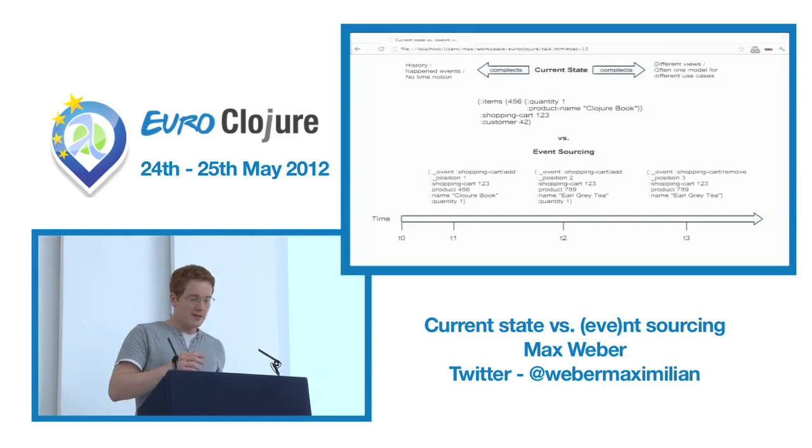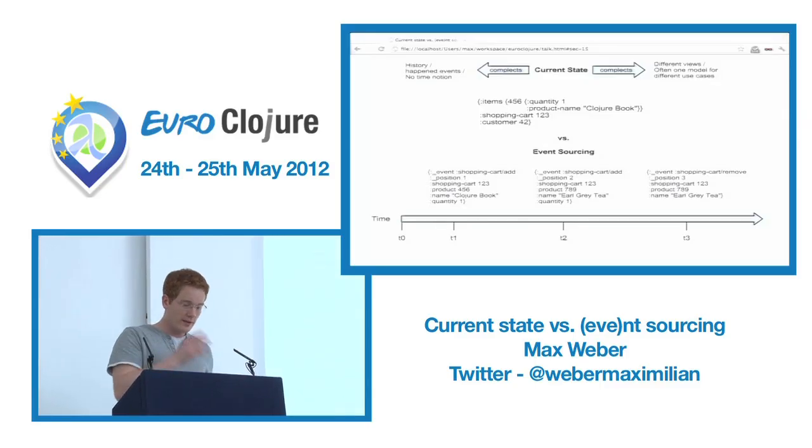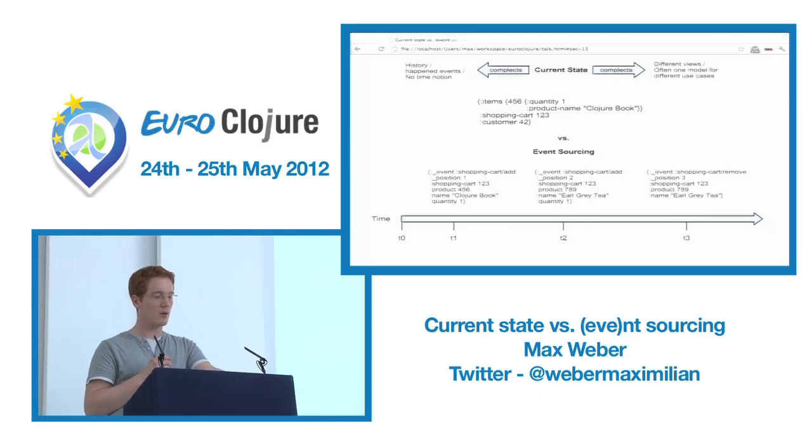You have to make the identity and the notion of time explicit, to check what the causal order of the events is and which identity they refer to. So, in the case of our shopping cart events, you have to know that the Earl Grey tea has been added to the shopping cart first before it was removed from it again.